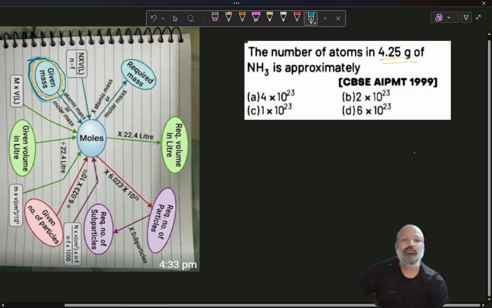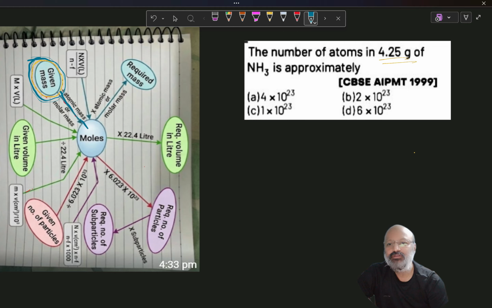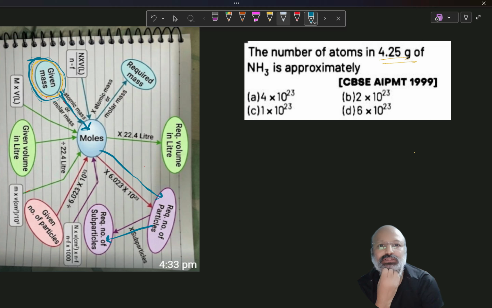Now you need to travel first to mole, and after that you need to travel to the number of molecules, that is particles, and after that you need to travel to this point. So our journey is as long as the earlier one. So let me do this sum.